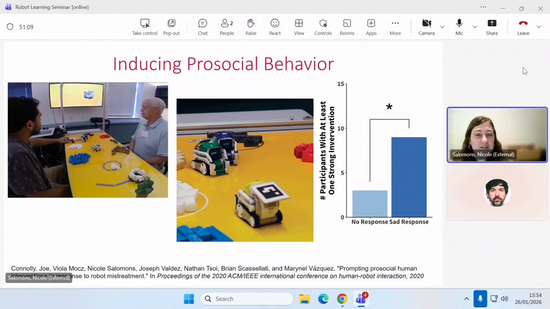And we saw that just by doing that sad movement and noise, people would step in and prevent the robotic abuse. So this is one case where it can be used for a good scenario. And full disclaimer, no robots were actually hurt in the making of the study. These robots are very robust, but it does show that robots can influence people's behaviors.